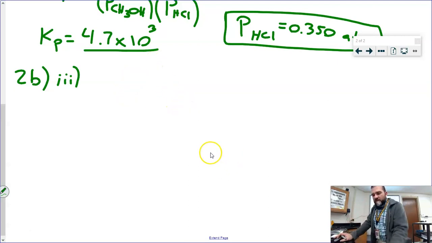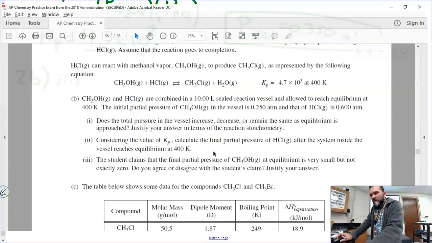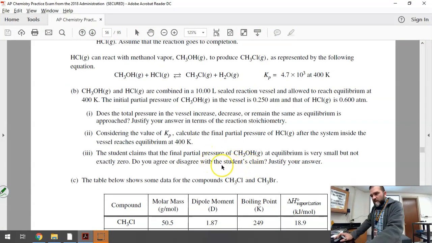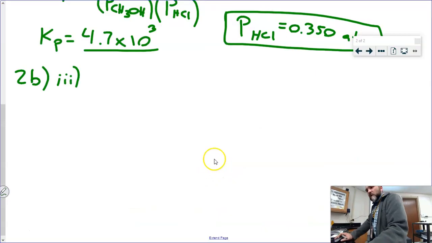Okay, so now we got to word this thing. So how do we word this? Let's answer the question first. The question was, do you agree or disagree with the student's claim? The student claim is that the partial pressure is not 0 but close. Okay, yeah, I agree.